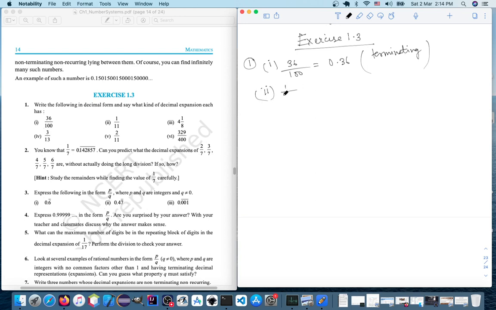Now the second one is 1 by 11. It's better we do the long division method and find it out.